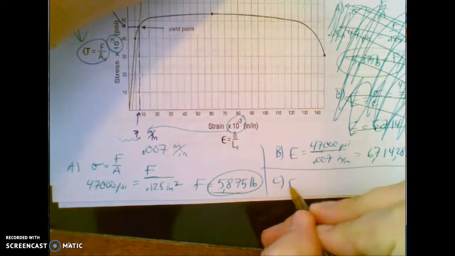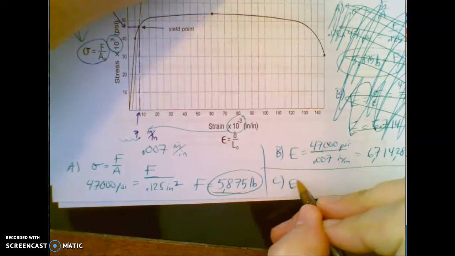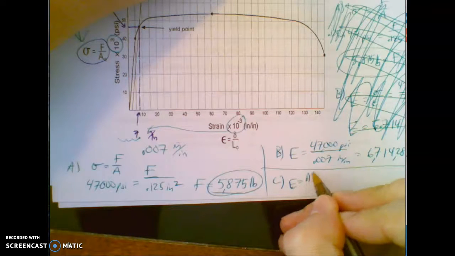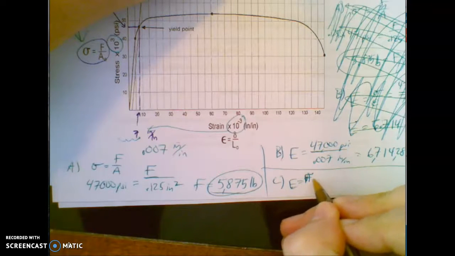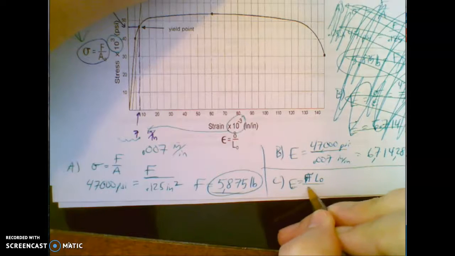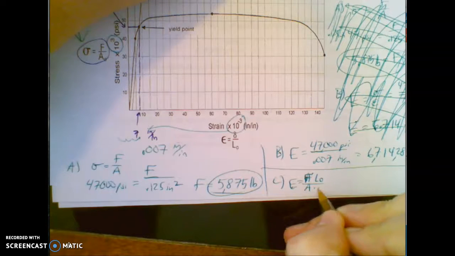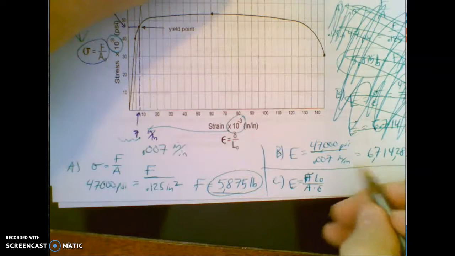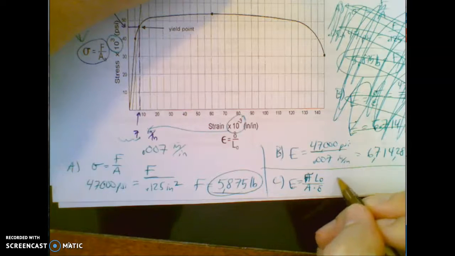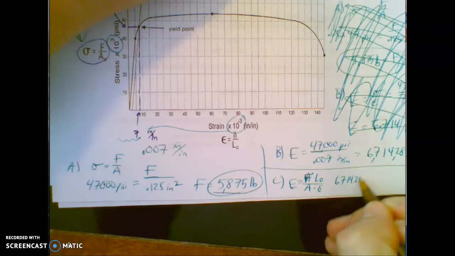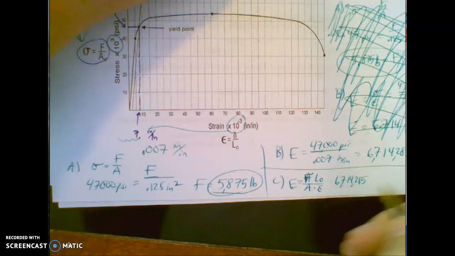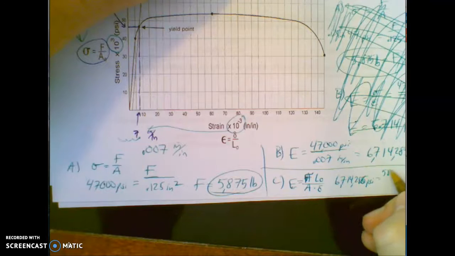Let's use this crazy formula. So we got E equals force times L0 over area times delta. And we're looking for delta in this problem. So I'm going to plug in everything I know. 6,714,285, round to the nearest, 286. Force is 5,875 pounds.